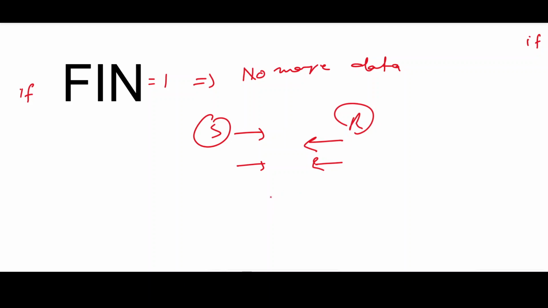It indicates that the sender has finished sending data and is ready to close the connection. Here FIN 1, and the other side will also send FIN 1 as well as ACK.